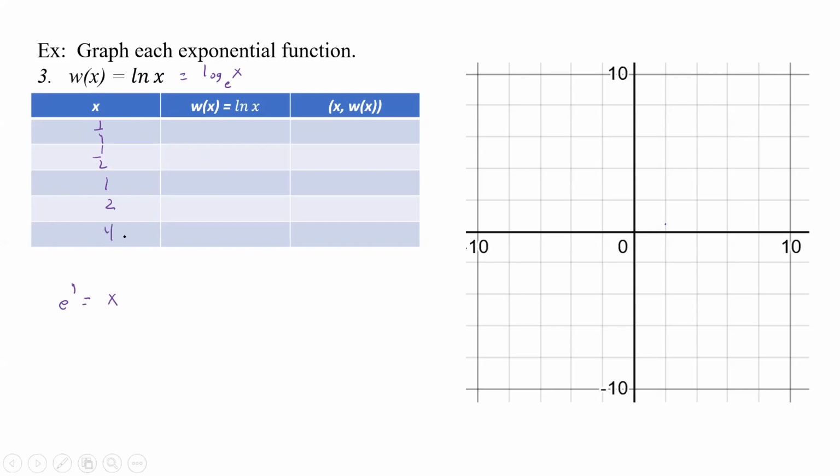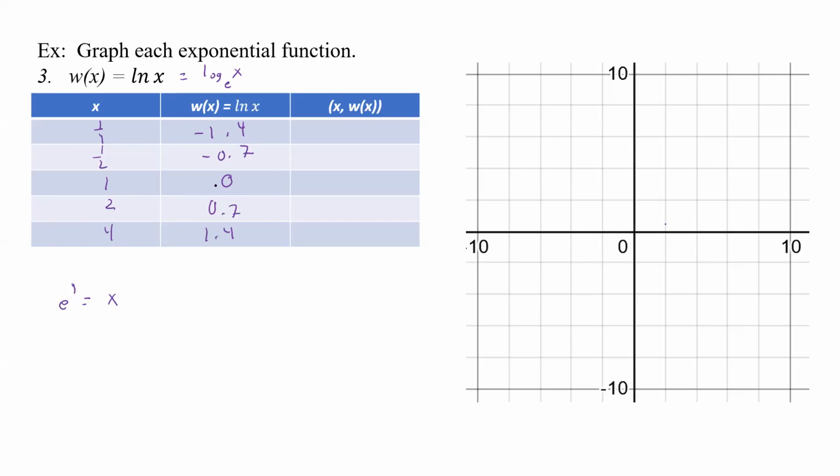Now if we take ln of 1/4, ln of 0.25, that's going to give us a negative 1.4. And if we plug in the ln of 0.5, that's going to give us a negative 0.7. ln of 1 is going to give us 0. ln of 2 is going to be the opposite of that one, so it's going to be 0.7, and then ln of 4 is going to be 1.4.